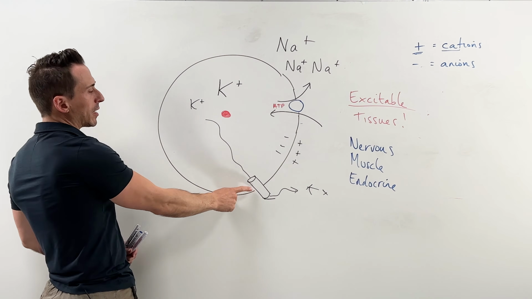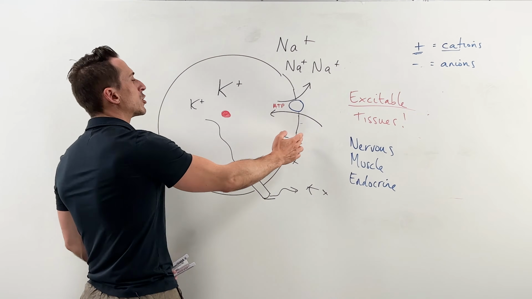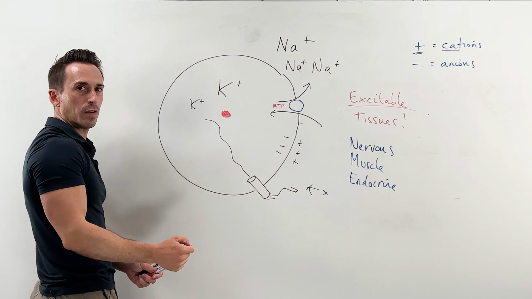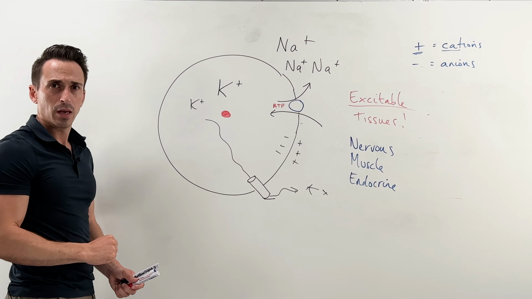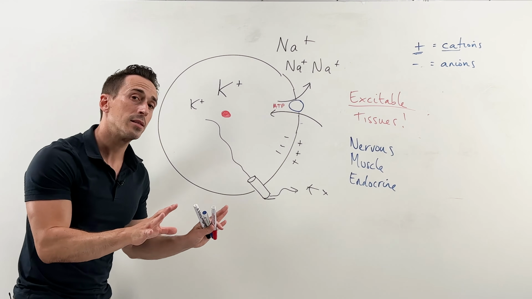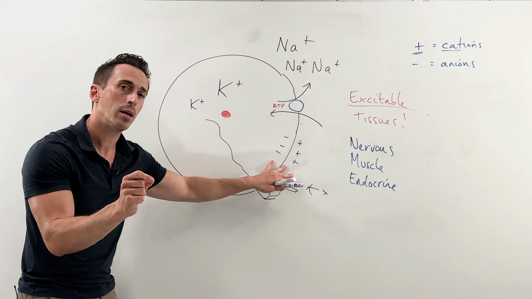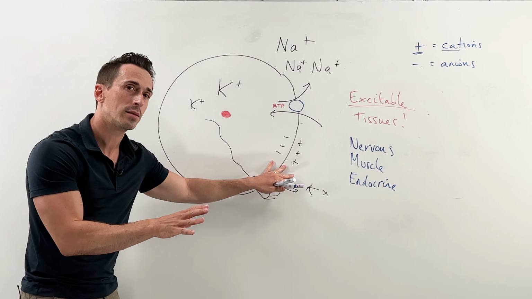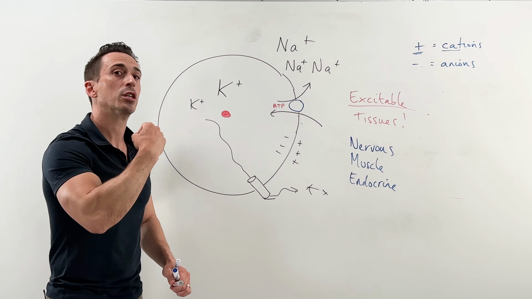We need a leaky potassium channel for the potassium to leak out. And in doing so, we have a slightly positive charge on the outside of this endocrine cell compared to inside. Now, the scene is set. This charge difference is called the resting membrane potential. It's at rest. It's across the membrane and it has the potential to change.